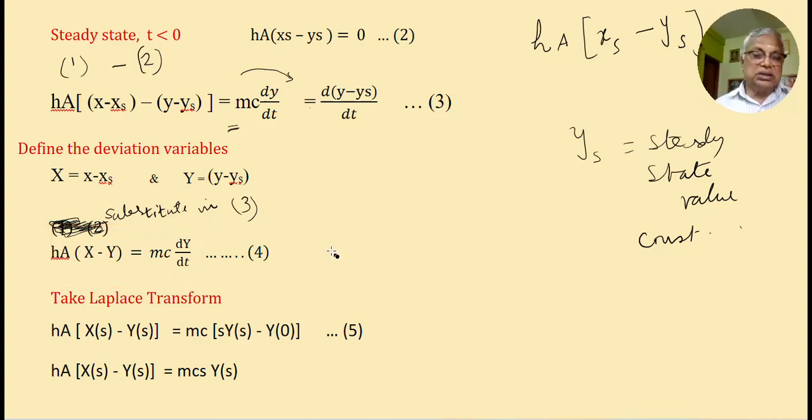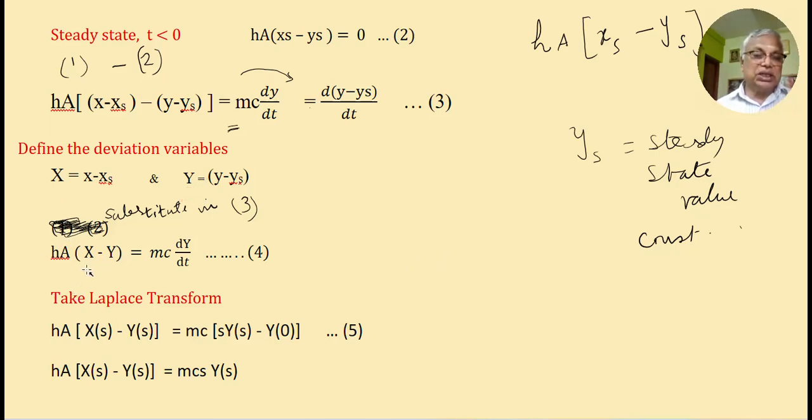Now how do we get the transfer function? Once you have got the linear differential equation which describes the process, how do you get the transfer function? Simple, take Laplace transform of this differential equation. You have to remember, this capital X and capital Y are functions of time, x of t and y of t.